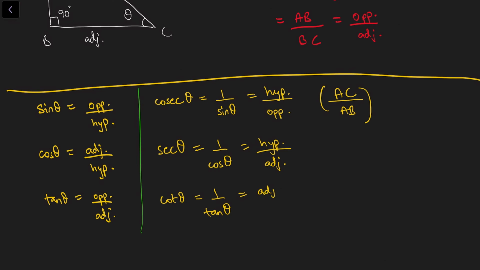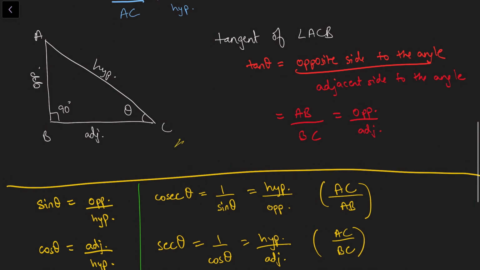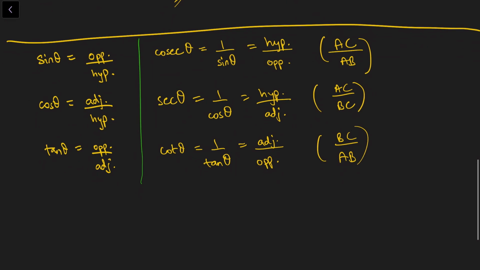And that is the adjacent side divided by the opposite side. So over here it's AC by BC, and over here it's BC by AB, if you go by the triangle wise. And that's our 6 basic functions that we have learned today.